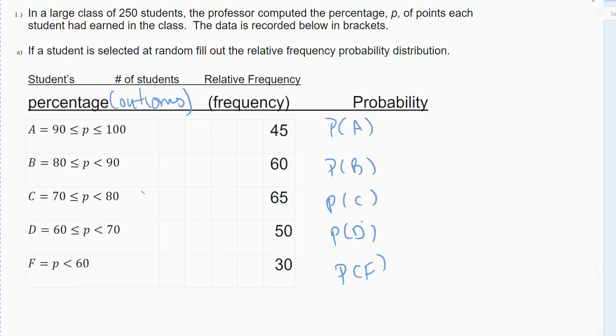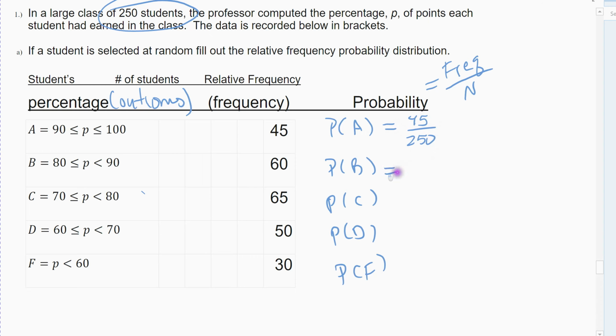We find the probability using the relative frequency table, where we take the frequency divided by my total, which is 250 students. For each probability, how many A's out of my total, how many B's and C's, and so on. The probability is I've got 45 chances to pick an A student out of 250. I'll find the decimal in a second.